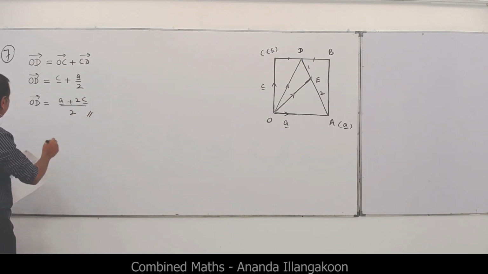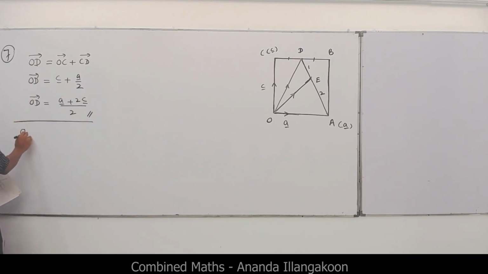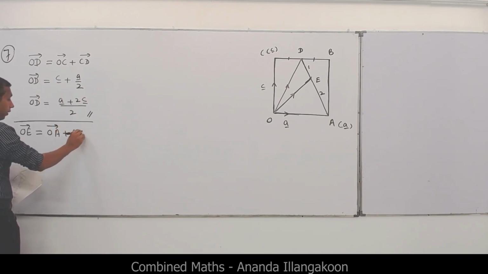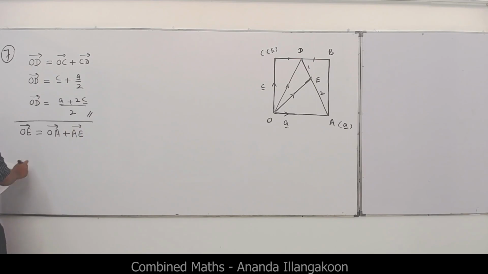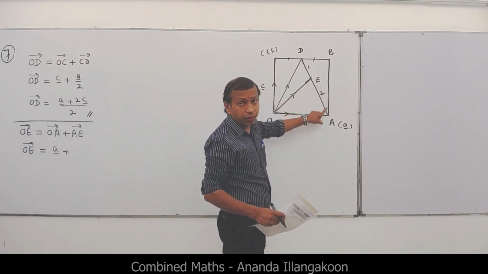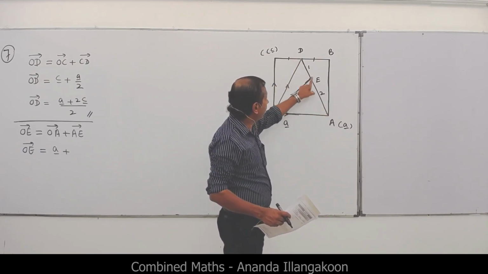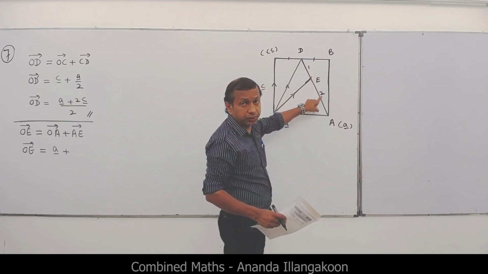Next one, OE vector. We can write OE vector as OA plus AE. OA vector is simple A vector. AE vector you can write as a part of this AD vector. The whole AD vector is divided into 3 parts.